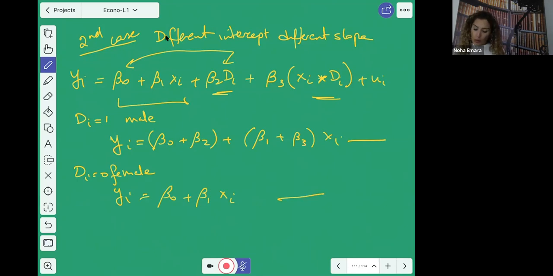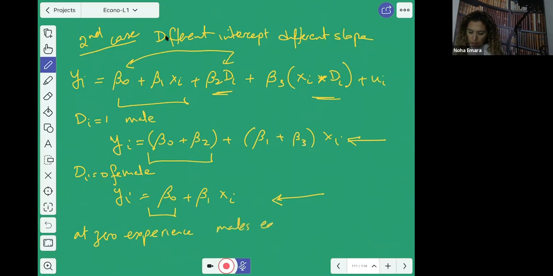When I look at the male regression versus the female regression, at 0 experience they earn differently. At 0 experience, males earn beta 0 plus beta 2, females earn beta 0.